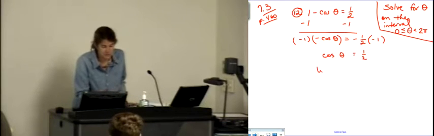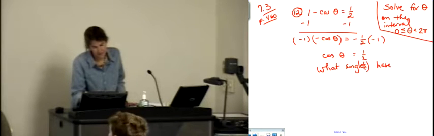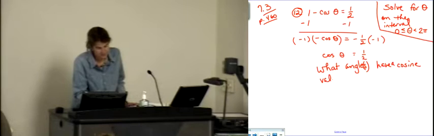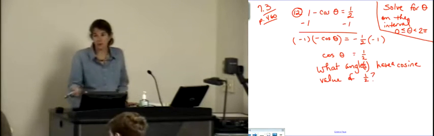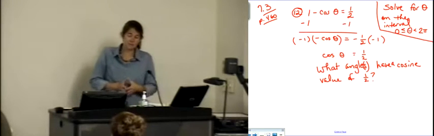Or you might just want to think, what angles, still thinking kind of along the same line, what angle or angles have a cosine value of 1/2. That's what we're looking for, right? And those angles from 0 to 2 pi, where that happens.